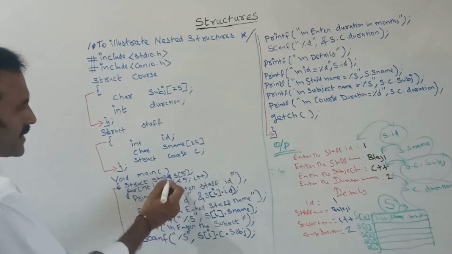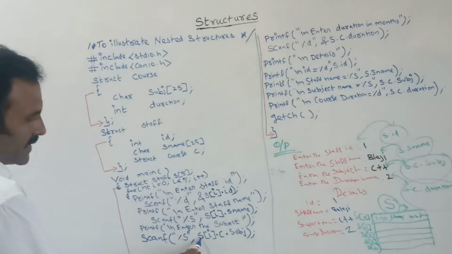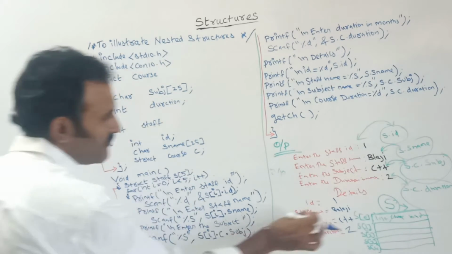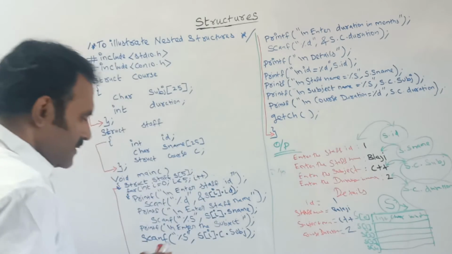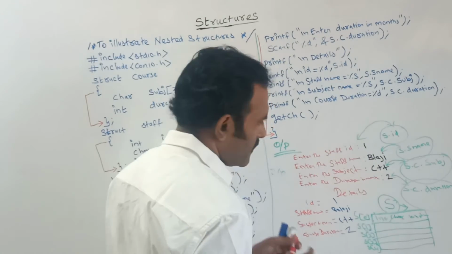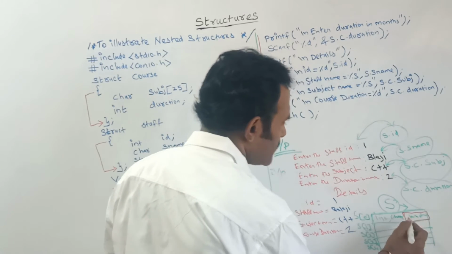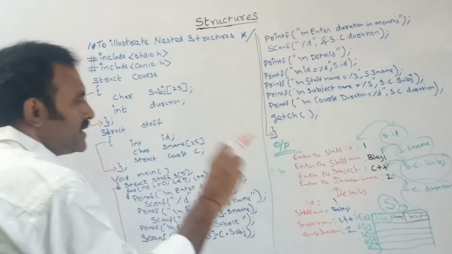Here I have created the array for this s, so for each and every location, inside this, the subject and duration is the inner structure, a structure within the structure. This is the outer structure, and this is the inner structure.